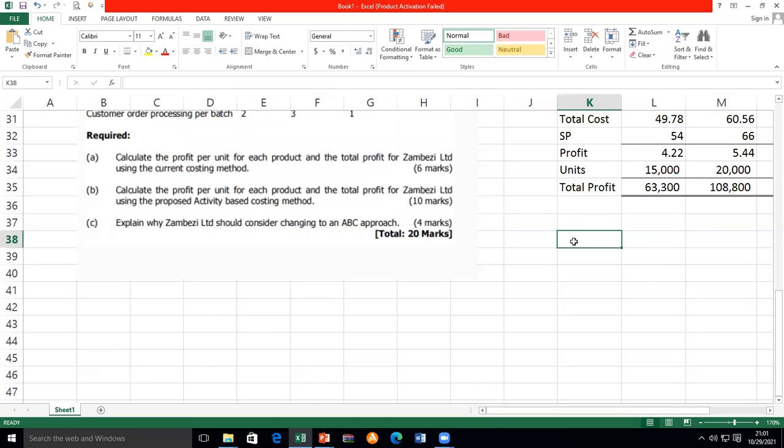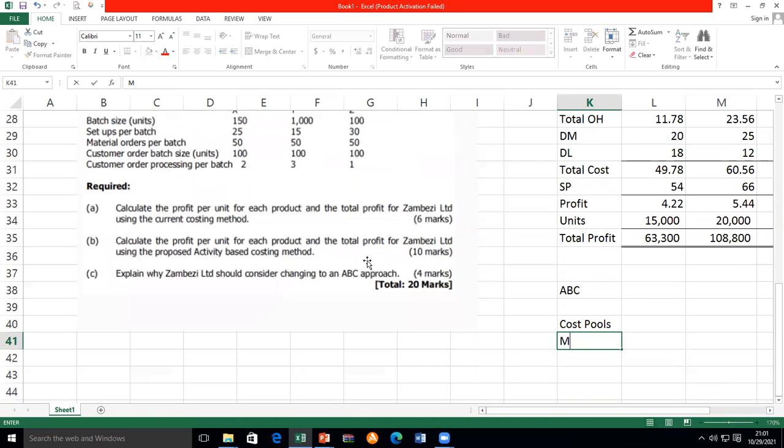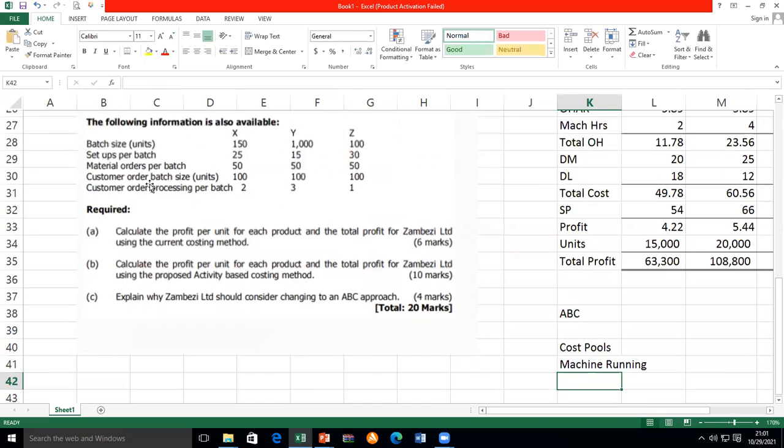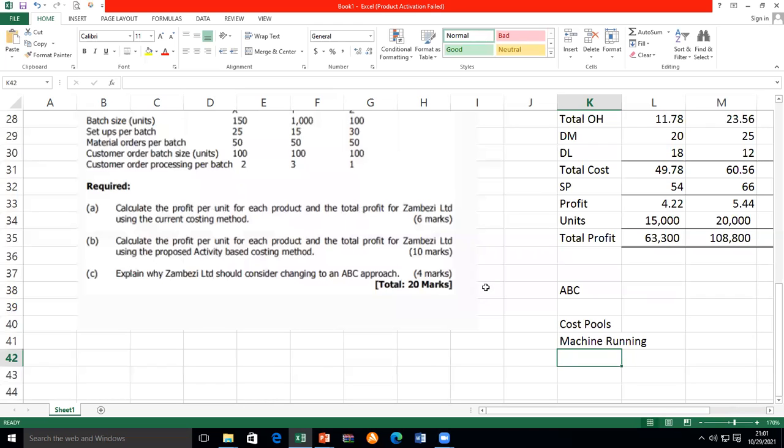So ABC, step number 1, they have already created the cost pools for us. What are these cost pools? They are here. Machine running. Next one, machine setup.